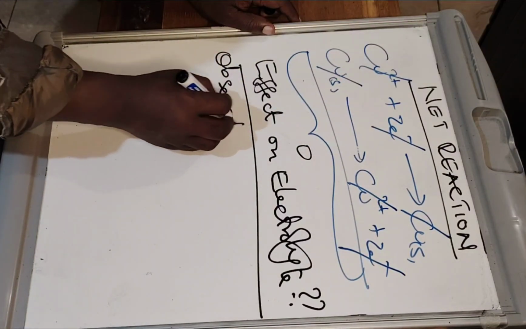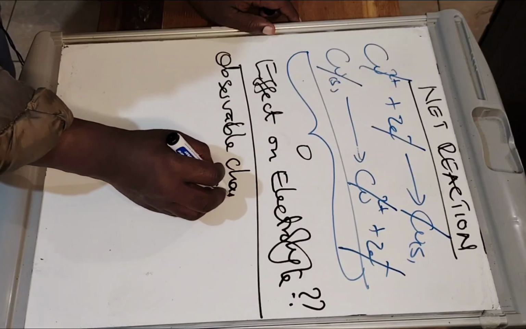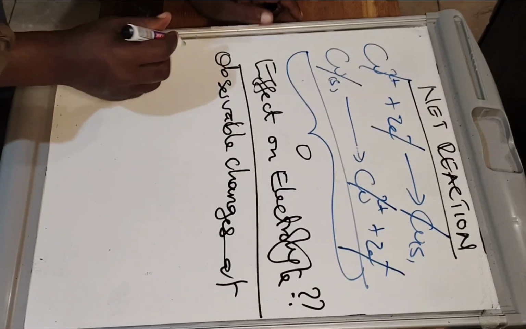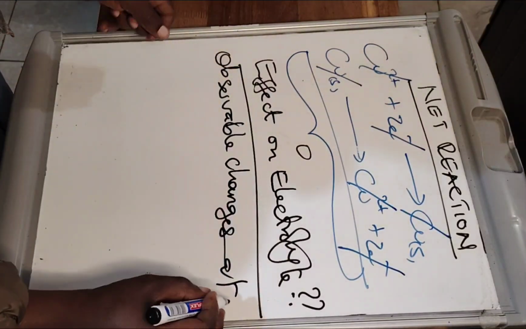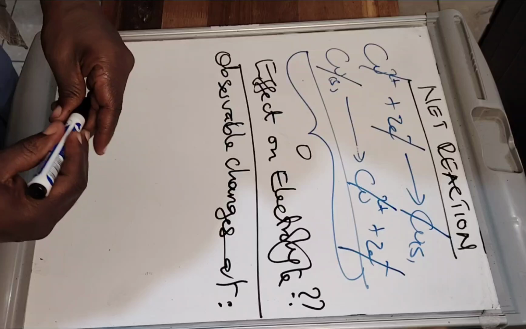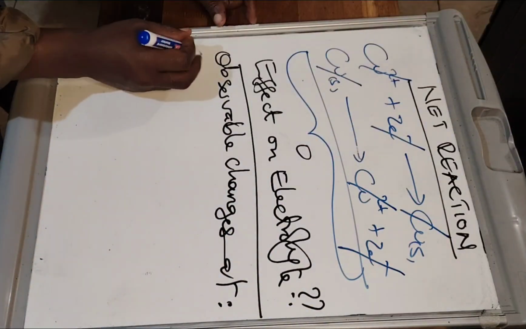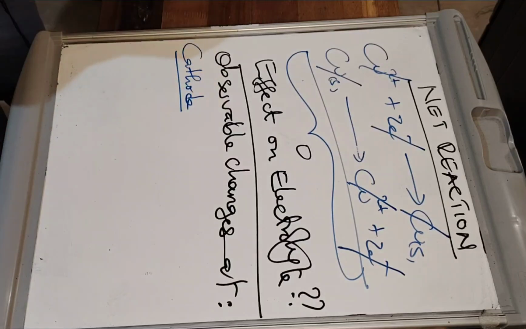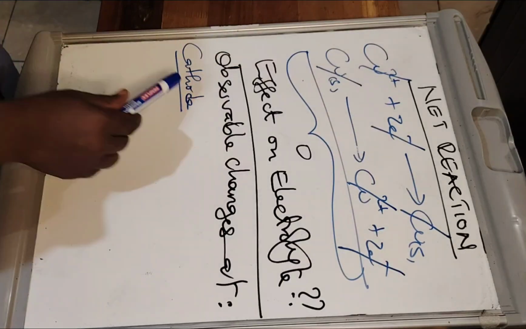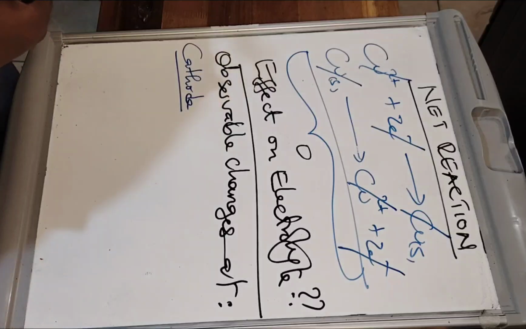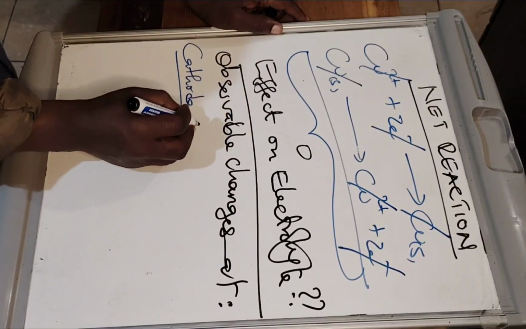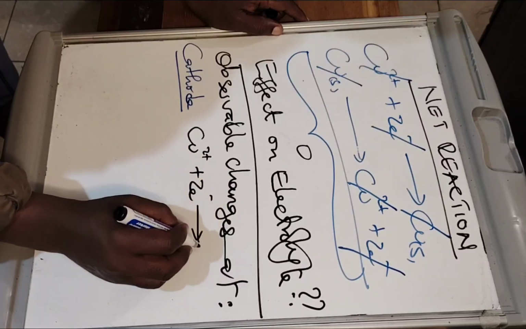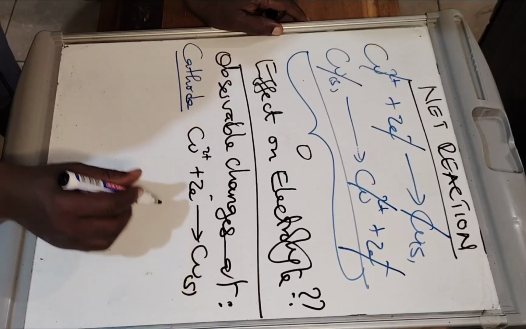Observable changes. At the cathode. To predict this, you need the equation. The equation says that at the cathode, copper ions took up 2 electrons to give you copper solid.